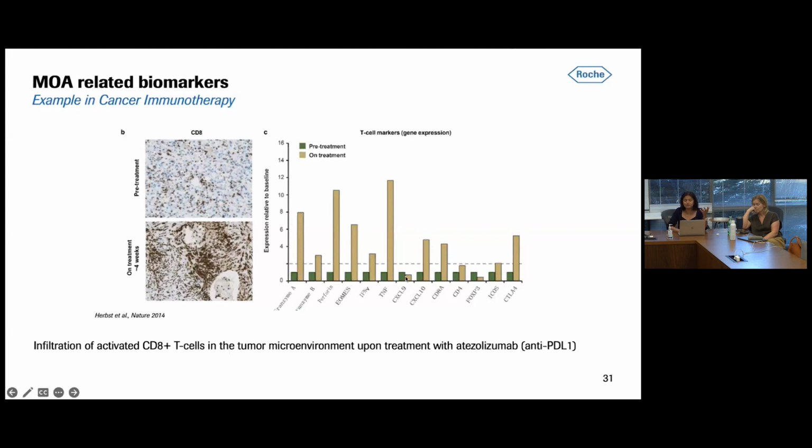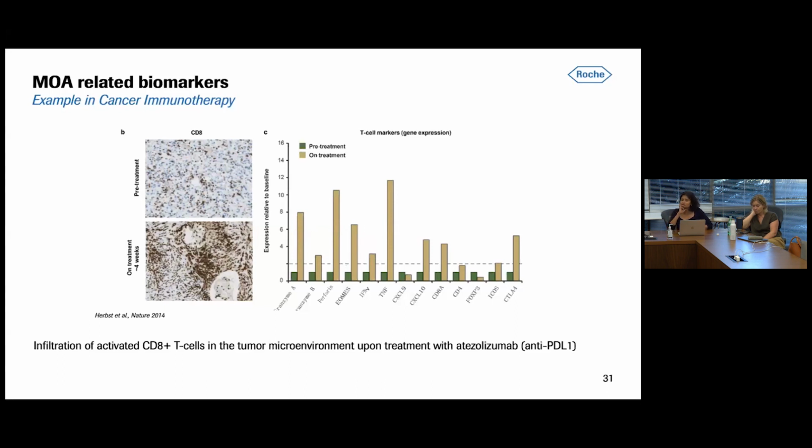So the green bars here are the pre-dose biopsies. The light green or khaki color bars are gene expression changes in the post-dose biopsies, and you're seeing an increase in gamma interferon and granzymes and perforin and so on and so forth. So it tells you that not only are the T cells coming in, but they're activated and charged and ready to go out and kill the tumor cells.